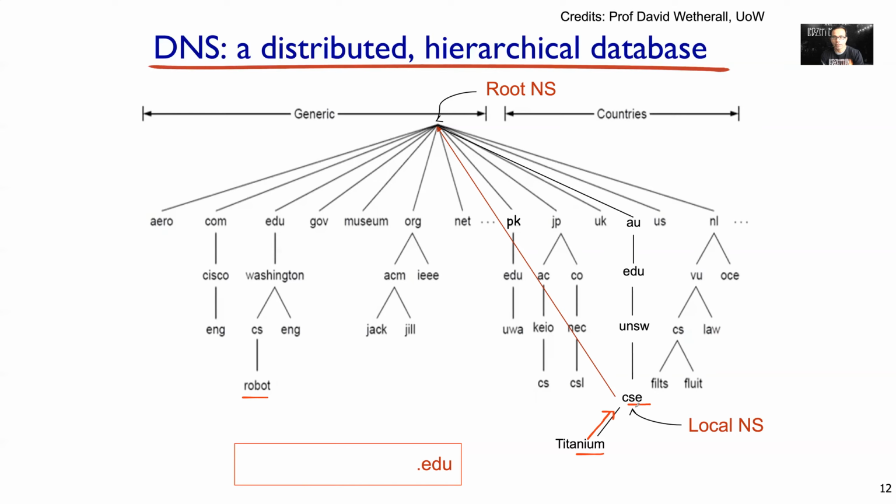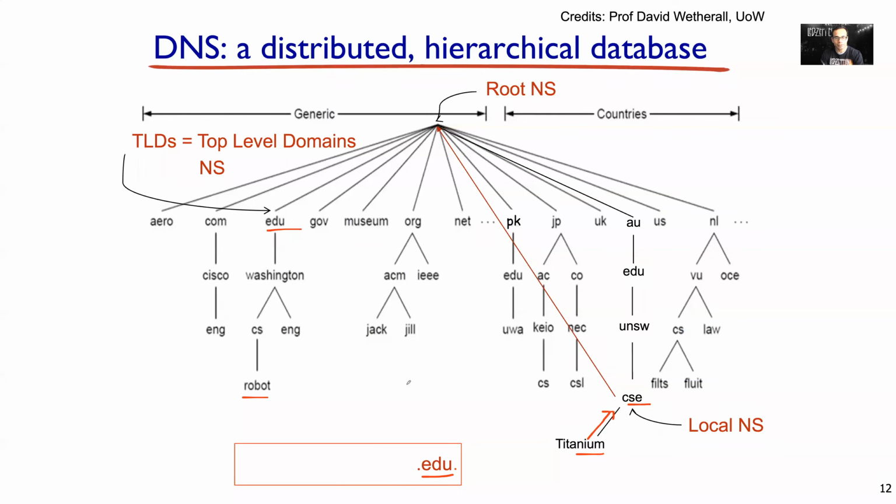Let's imagine the local name server has no clue who to ask. So it goes and talks to the root name server, right? The root name server sees that the last part of the domain is .edu. So it's going to tell my name server, hey, go and talk to the edu name server, because it's a .edu address. So then I go and talk to the edu name server.